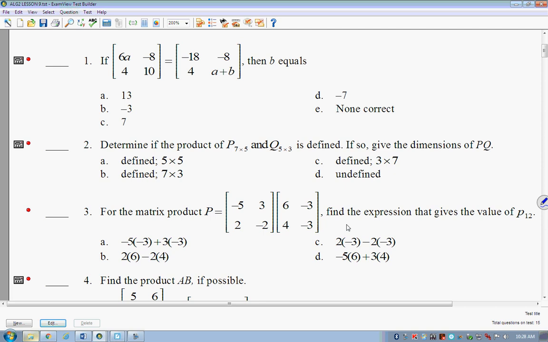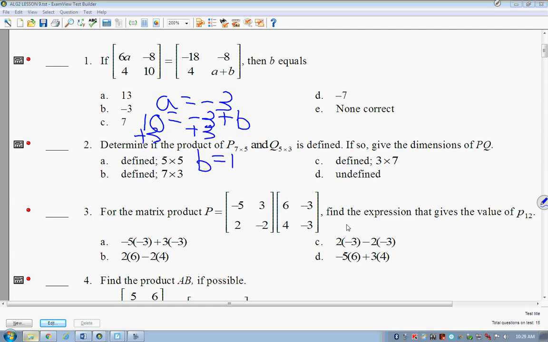If this matrix equals this matrix, then B equals what? We'll start off by finding out what A equals, right? 6 times what equals negative 18? Negative 3. So we know that A equals negative 3, right? And 10 equals A plus B. So 10 equals negative 3 plus B. You could add 3 to this side.